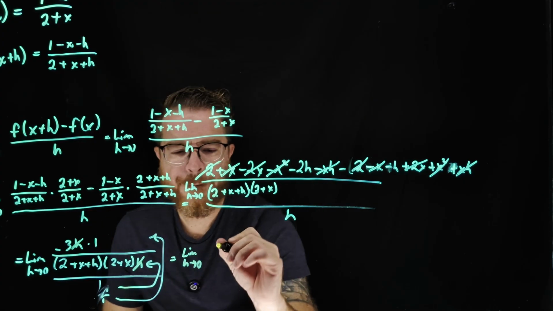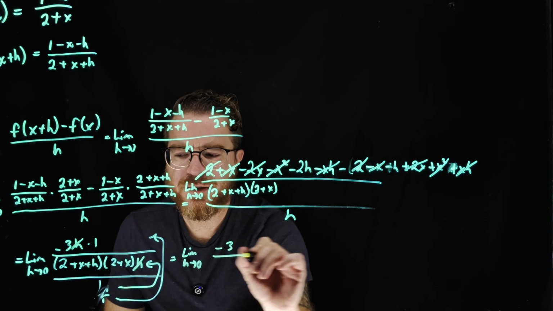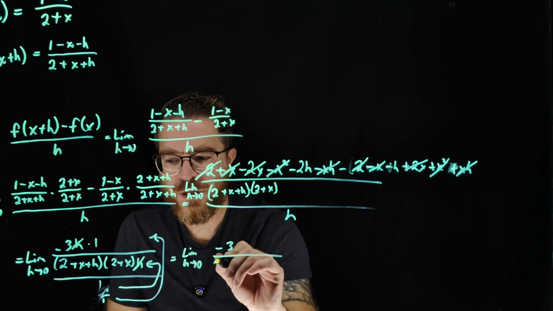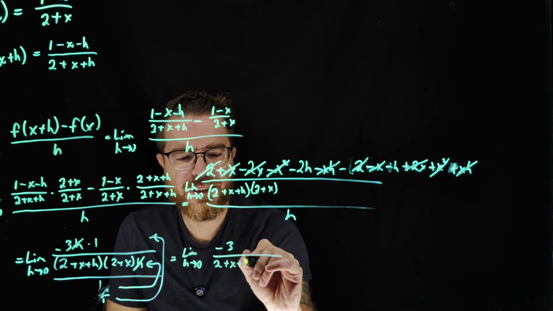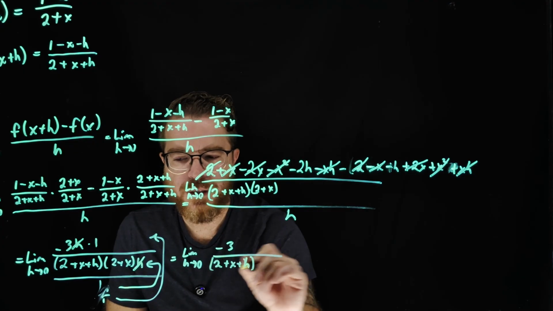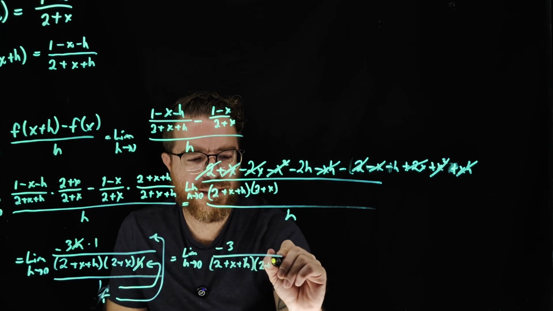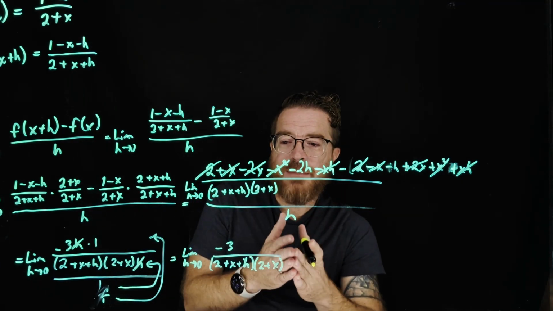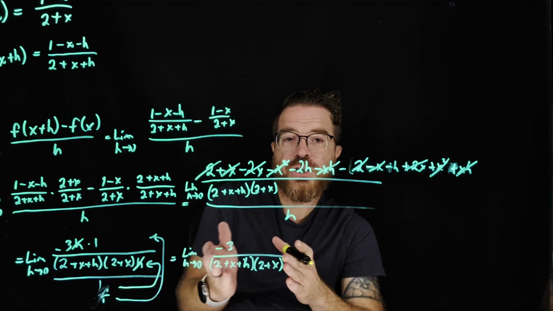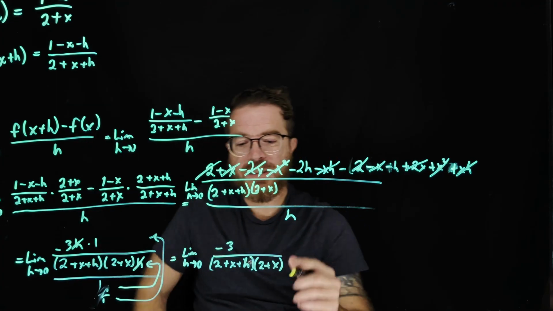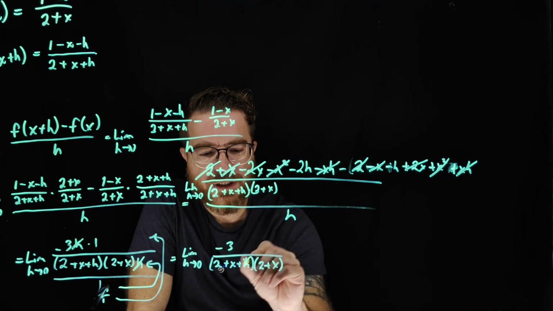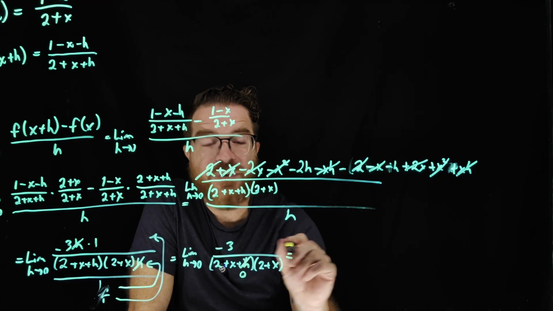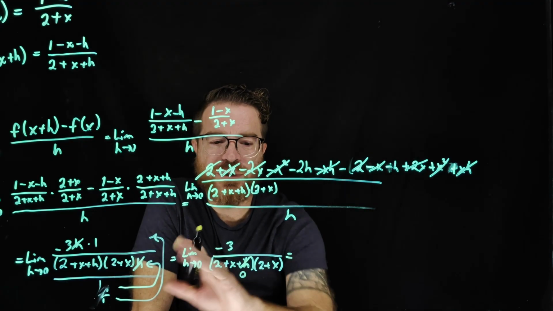I'm left with the limit as h goes to 0 of minus 3 divided by, and then this whole thing, 2 plus x plus h times 2 plus x. So at this point, I can actually evaluate my limit by plugging in h goes to 0. So in this case, if we do this, this term is going to go to 0. And now that I've evaluated my limit, I don't have to include the limit anymore.